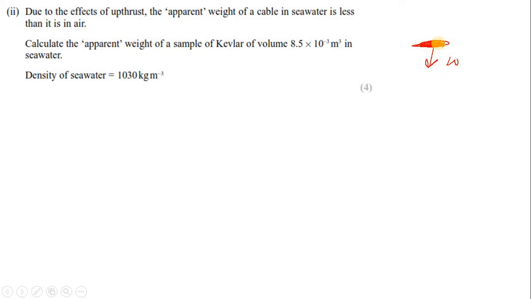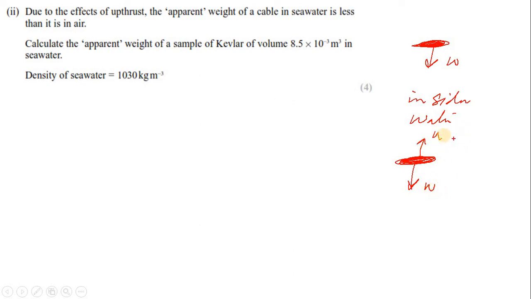But if you put the same Kevlar sample in water, the same Kevlar will be experiencing upthrust other than weight.